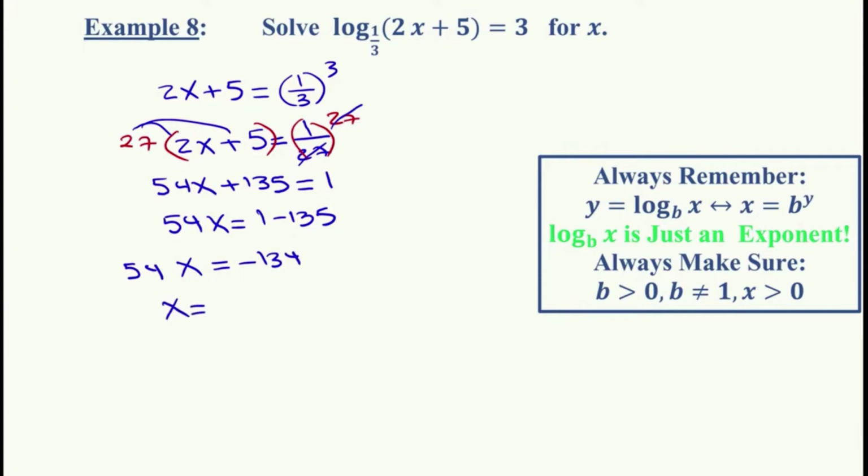So x is going to be negative 134 over 54. I know at least 2 goes into them, so that should be negative 67 over 27. All right, so sometimes students take a look at that and go, oh, it's negative, you know, Farzin said no negatives in the argument position, so that's no good.